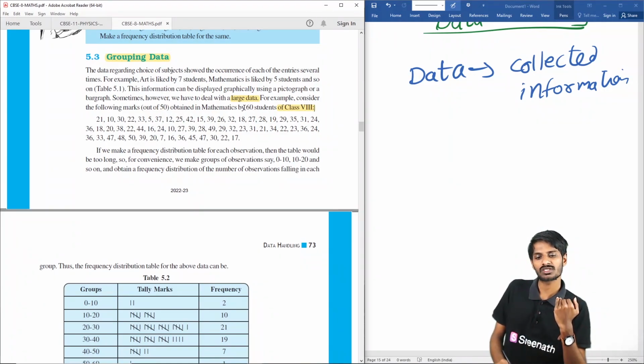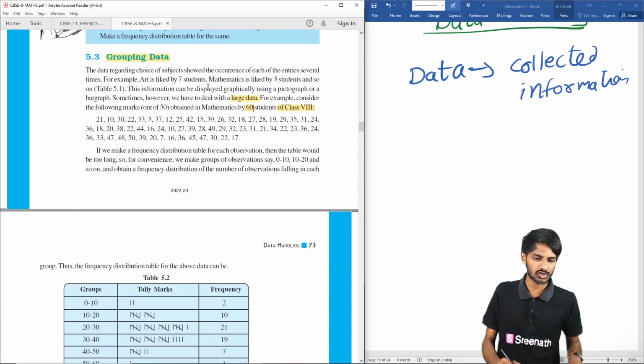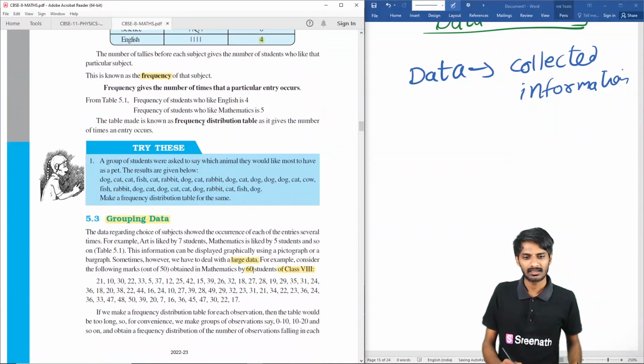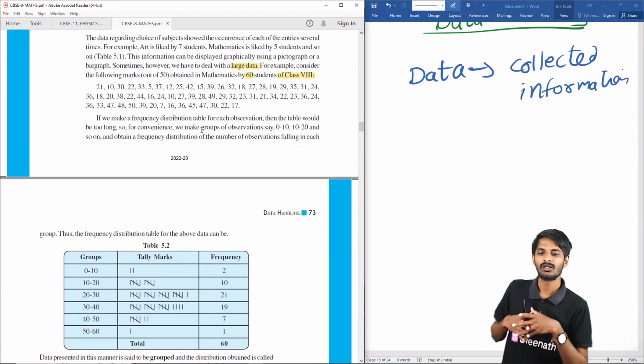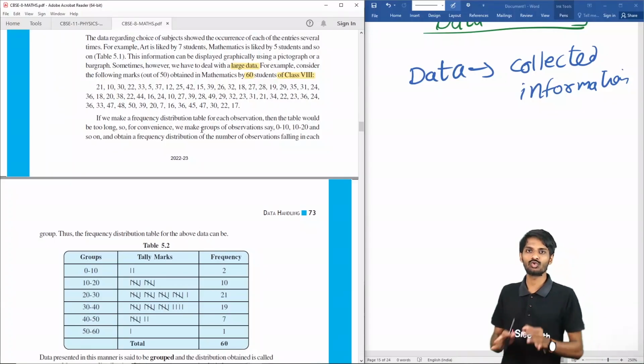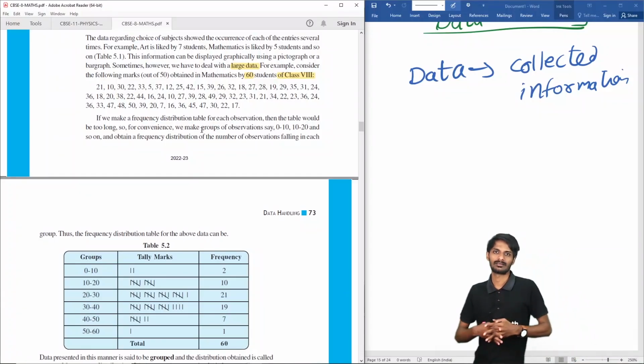Why? The number of observations, the number of students, is 60, so it is too heavy. If you make a simple frequency distribution table just like this, we have to think in another way, a new approach to make it easier and more organized.